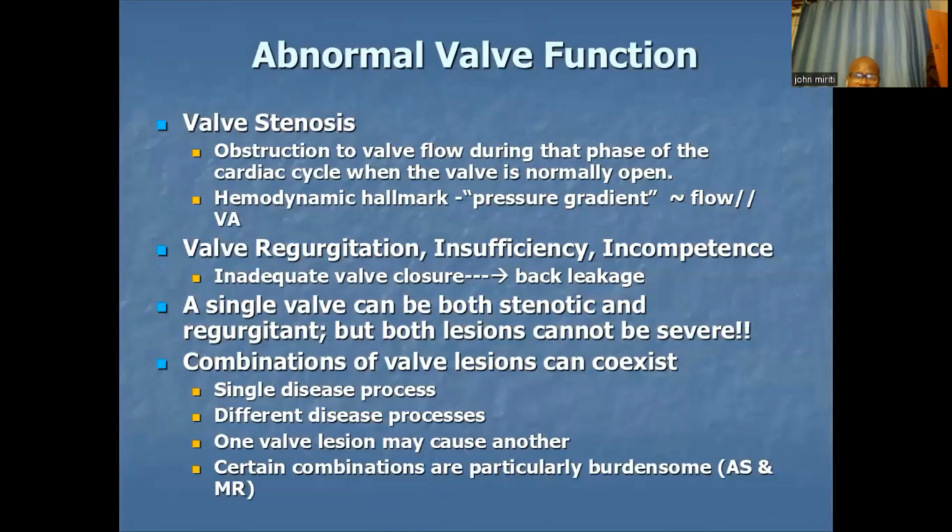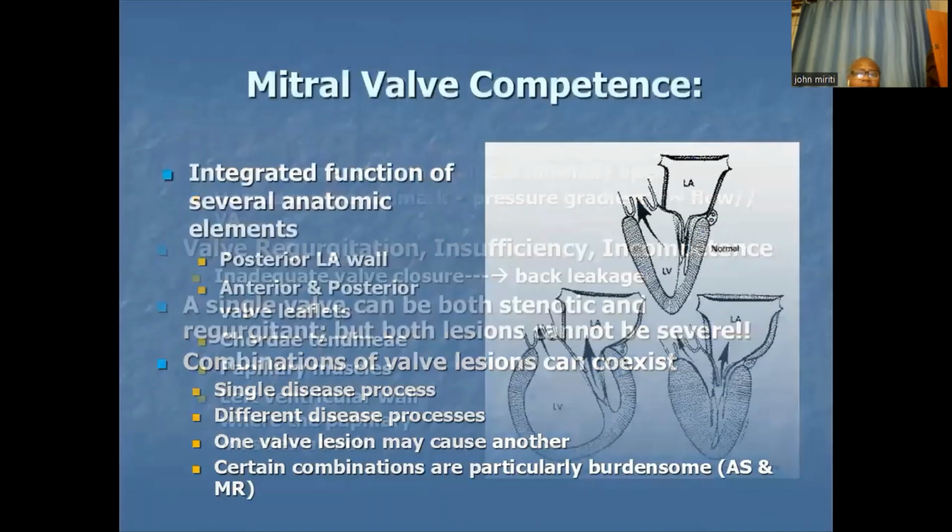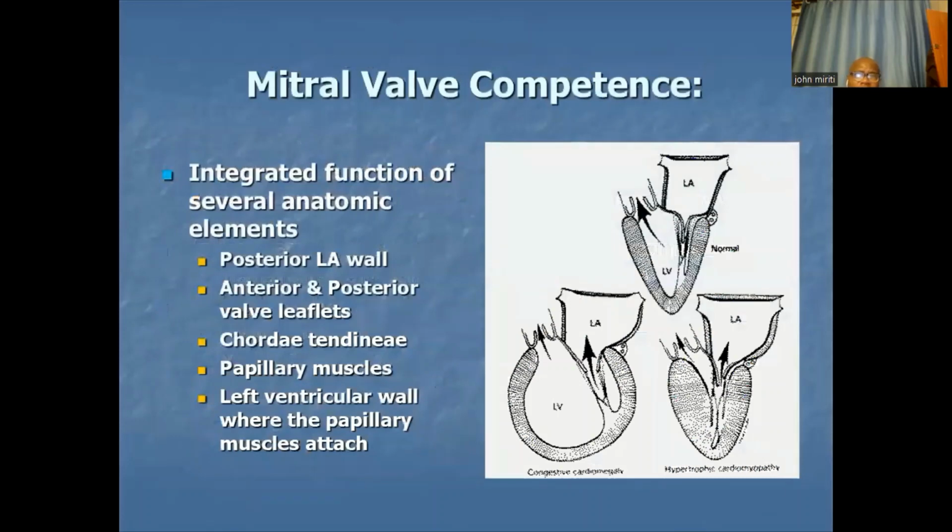For example, in different disease processes, one valvular lesion may cause another, and certain combinations are particularly burdensome, for example aortic stenosis and mitral regurgitation. This does not have a good prognosis for the patient.